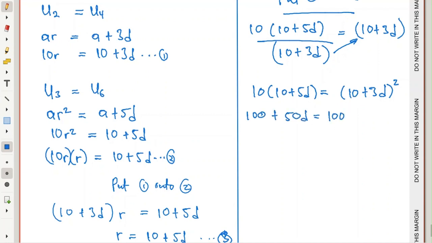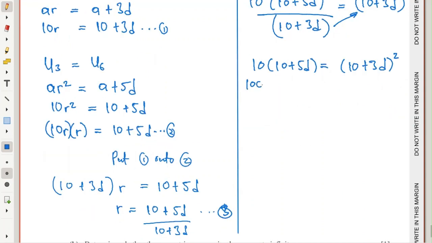So this will give me 100. This, I'll get 6D plus 9D squared. You have to be very careful here. That will give me 100 plus 50D, then 100, and this I'll get 60D, and 9D squared.